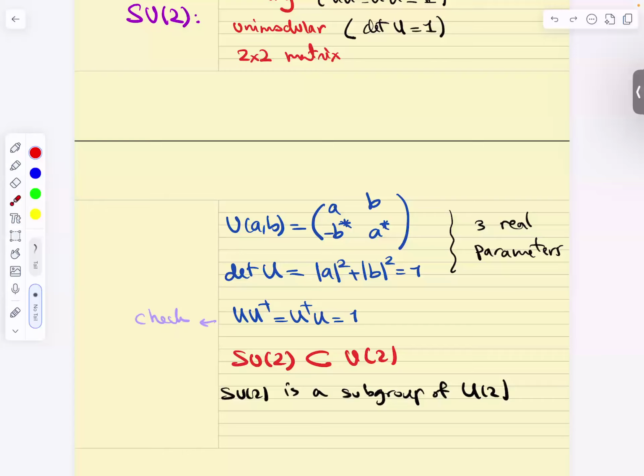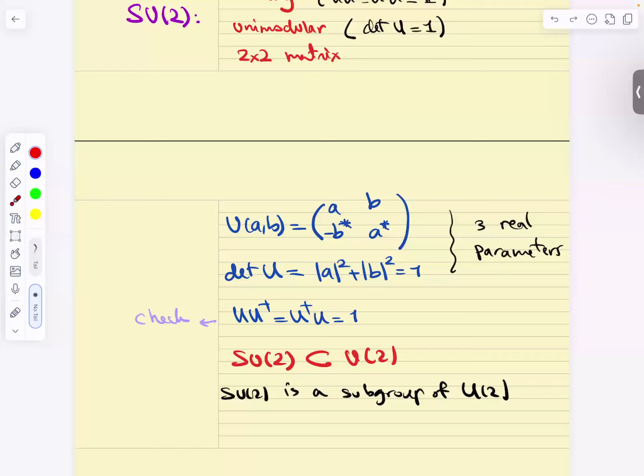If you have matrices that satisfy this unitarity relation, they form a group called UN, if these are n by n complex matrices, of course. And if you have determinant of U equal to 1 on top of it, this is called SUN. SUN is a subgroup of UN. SON is a subgroup of ON.